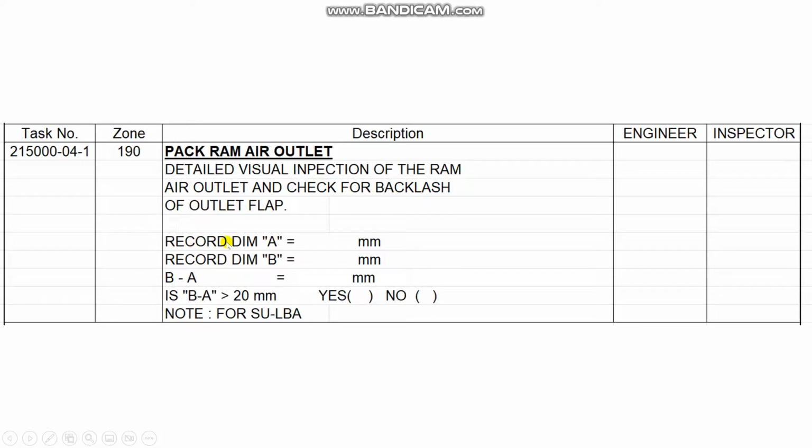So I put here record dimension A and record dimension B, the units millimeter, subtract to give the backlash. These details must be in the other task, which is called the maintenance job instruction card. This is as details, okay?